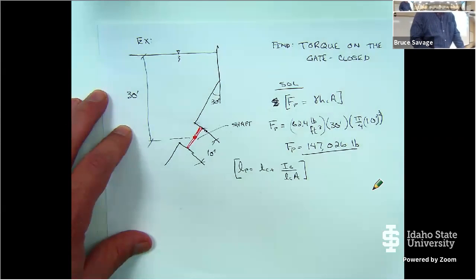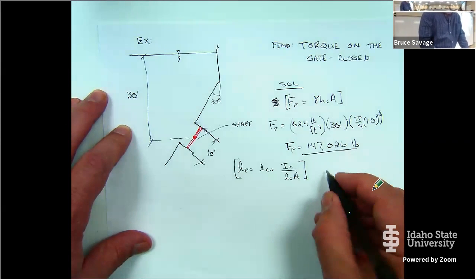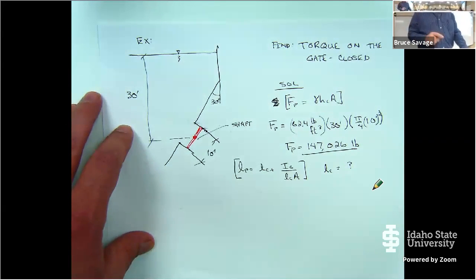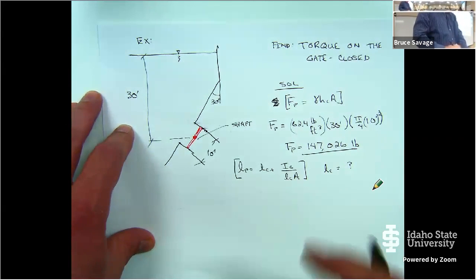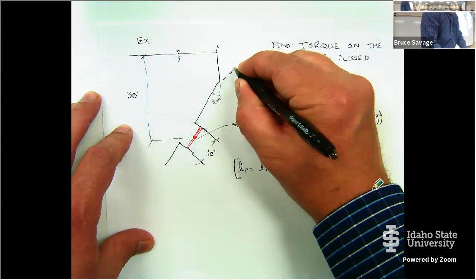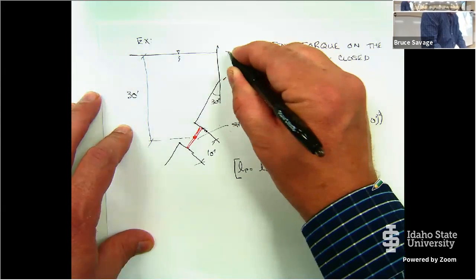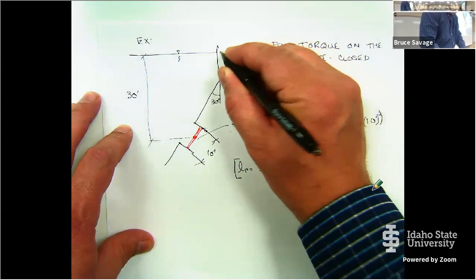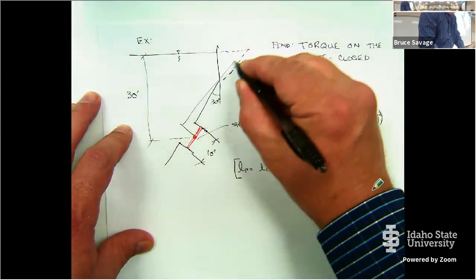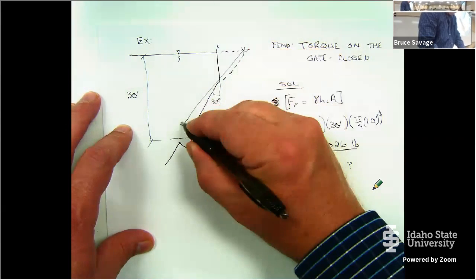So first off, we need to determine what is L_c. Now remember, L_c is the distance along the inclined plane. So if I bring this back up here to where it intersects my free surface, L_c is going to be the distance along that inclined plane.